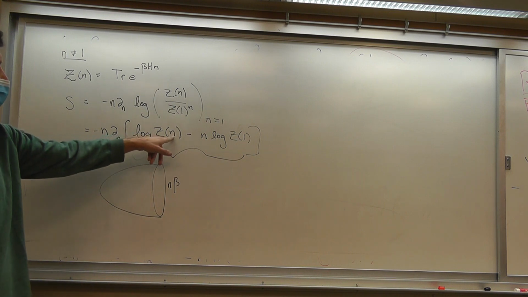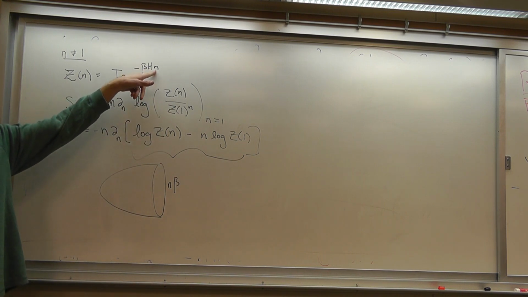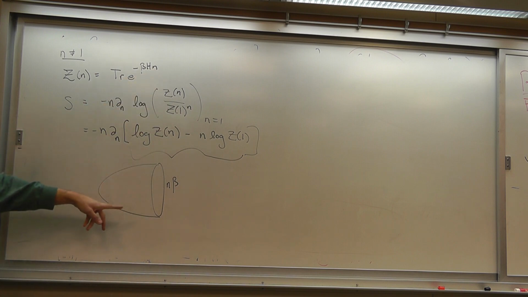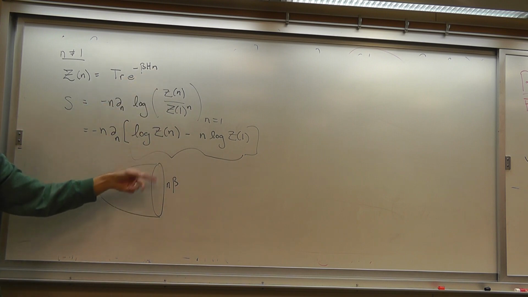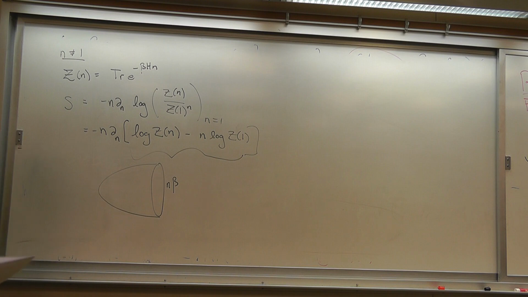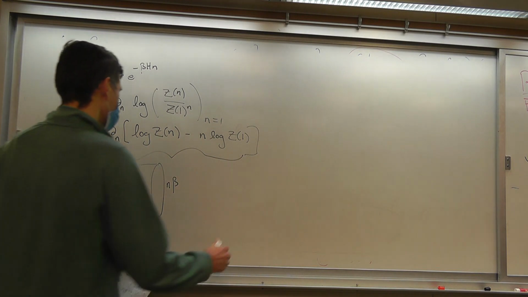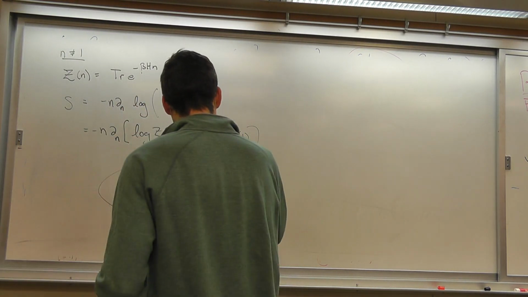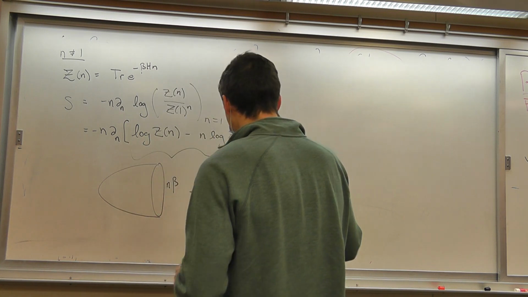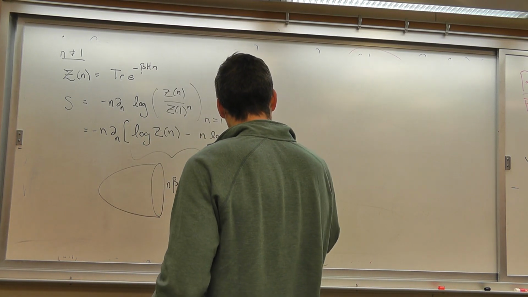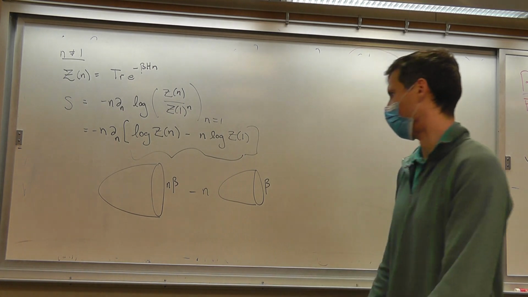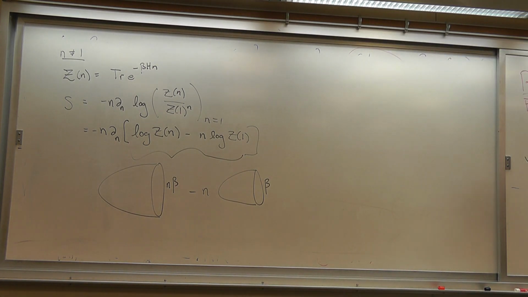Because Z of n is just multiplying the temperature by a factor of n. So we just take that thermal circle and make it a factor of n times bigger. And then the other term here is n times the action with a circle of size beta.